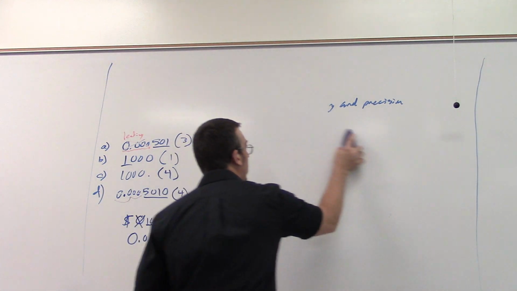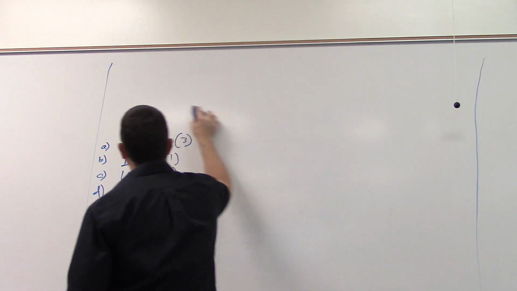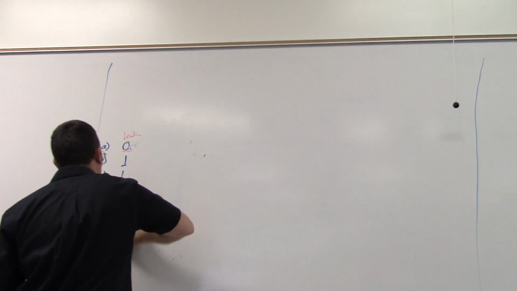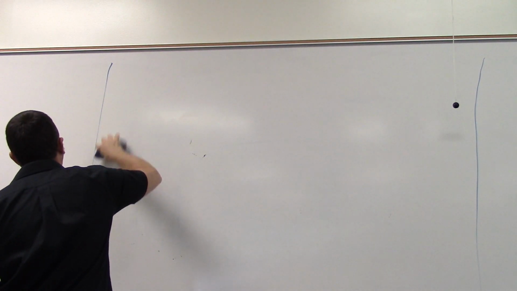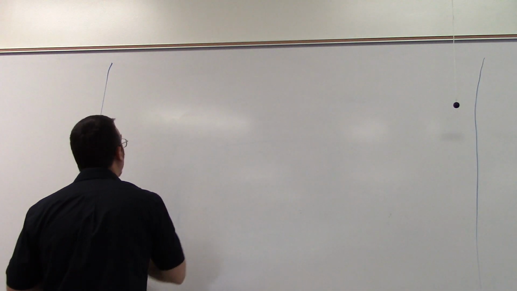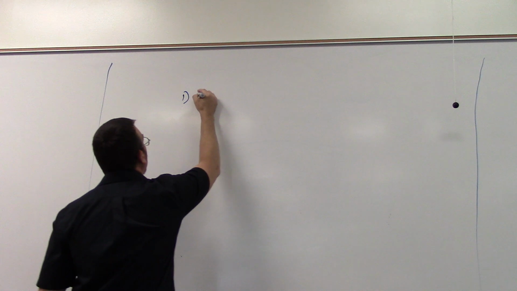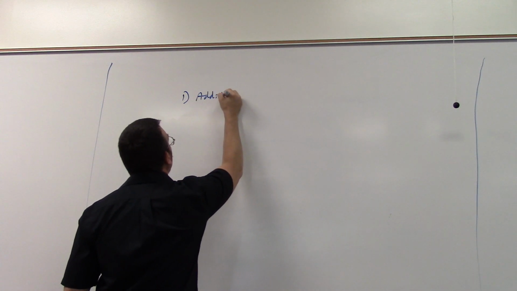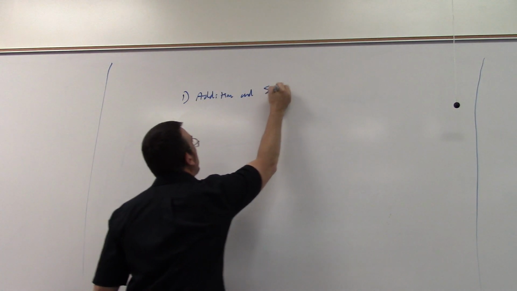So keep that in the back of your head as we're going through this. So now in terms of calculating, there are two sets of rules, all right? The first set of rules deals with addition and subtraction.